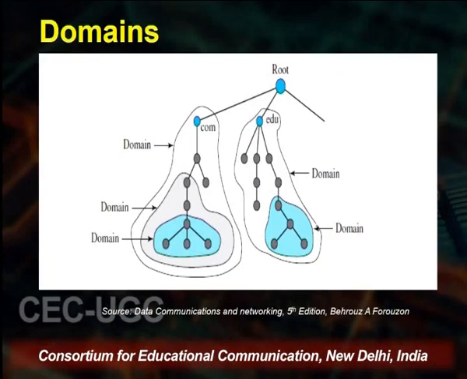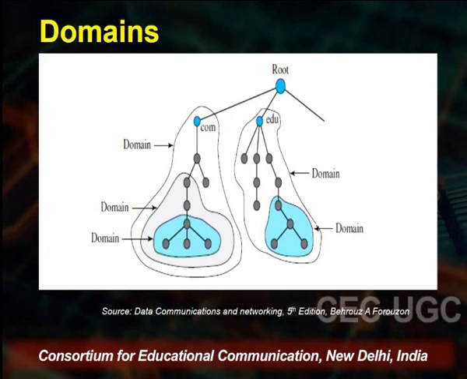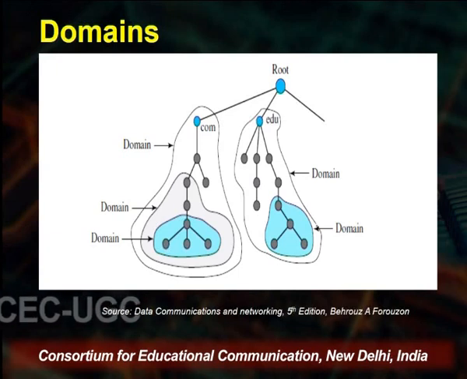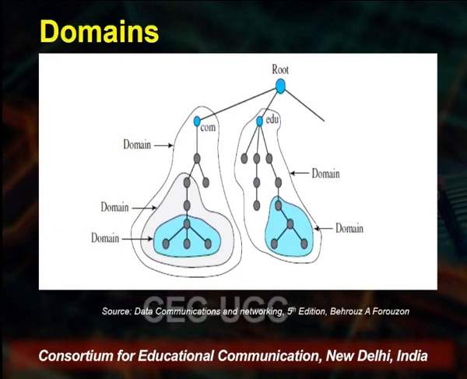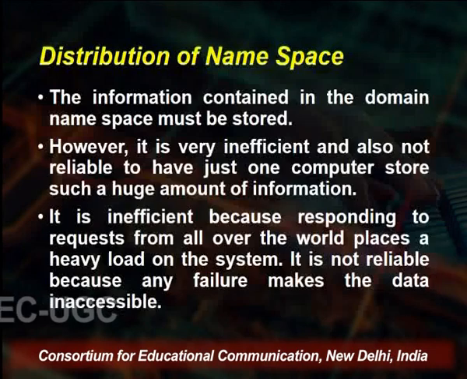So we can have the com domain, we can have the edu domain, and then within a domain also you can have domains. Say for example you have firstcompany.com, and in first you have HR, and within HR also you can further divide like that. So you can have a domain within a domain, a node within a node likewise.